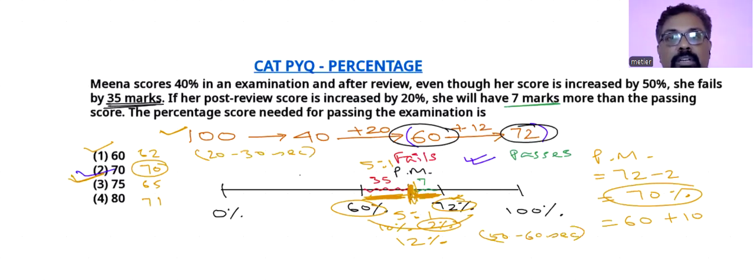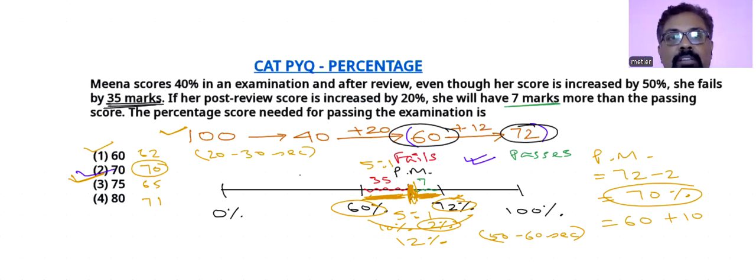If we follow this kind of technique in the exam hall, mainly in arithmetic, it will be helpful. Now, with this number line method, or this comparison method where 60 and 72 bracket the answer, suppose there are two questions following this, one on the pass marks percentage and another on the marks.